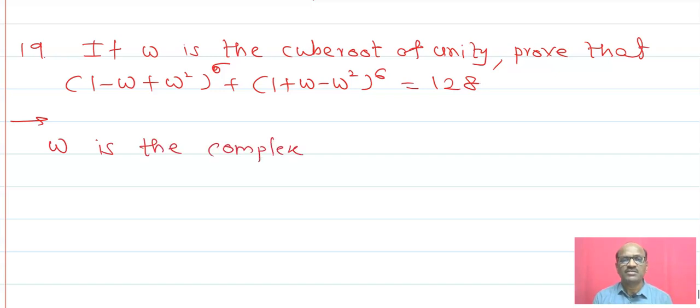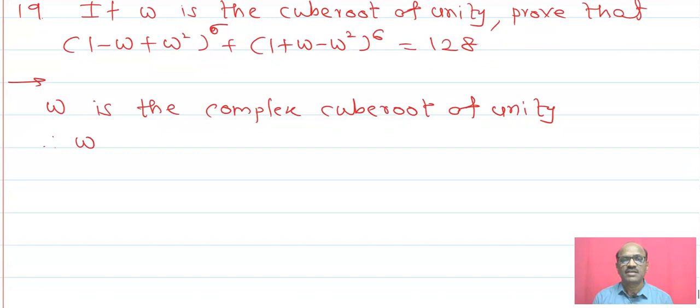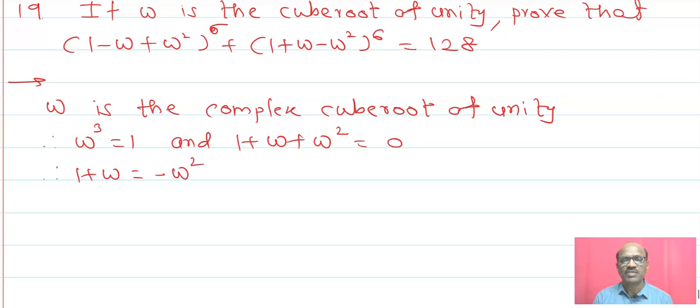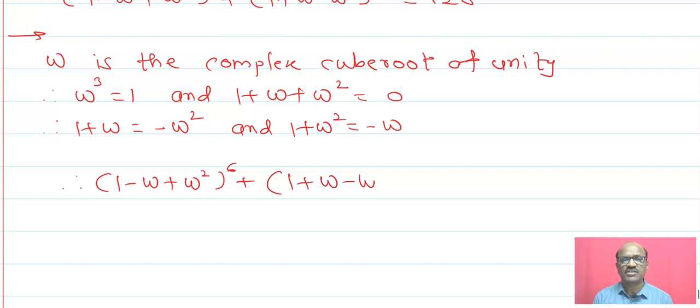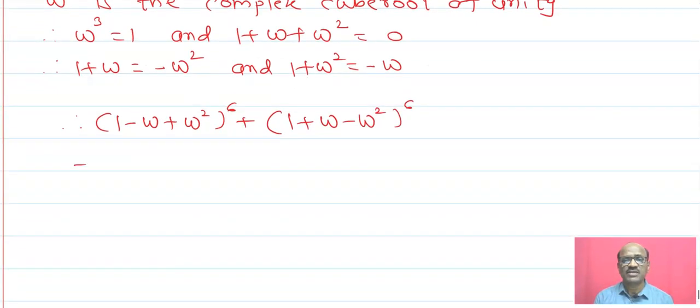Now omega is a complex cube root of unity. Therefore omega cube is equal to 1 and 1 plus omega plus omega square is equal to 0. 1 plus omega is equal to minus omega square and 1 plus omega square is equal to minus omega. Now again the same type of problem here. 1 minus omega plus omega square bracket to the power 6 and plus 1 plus omega minus omega square bracket to the power 6.